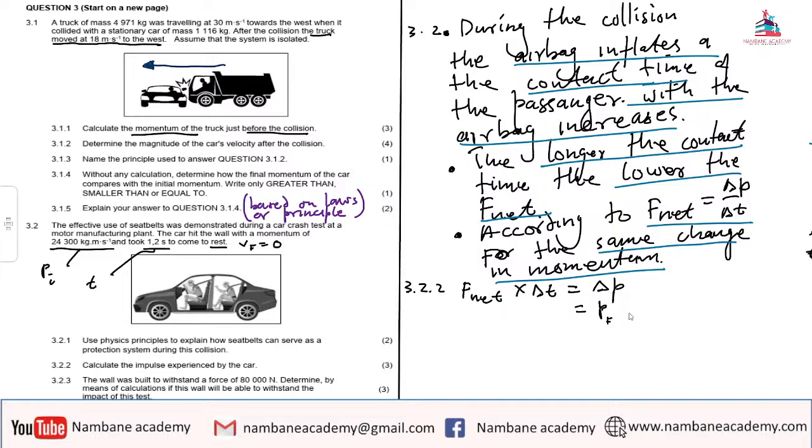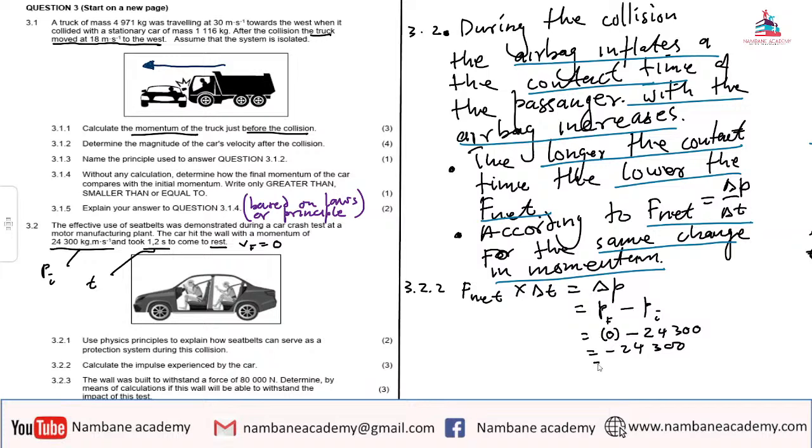It is momentum final minus momentum initial. But now, ladies and gentlemen, what is our final momentum? Our final momentum is equal to 0 because we are told that it is coming to rest. Minus now what, ladies and gentlemen? Minus the 24,300.